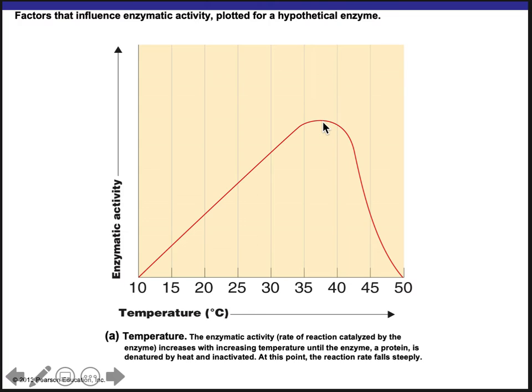But if we were to look at a bacteria that normally lives in the soil, its optimal temperature would be lower, closer to something like room temperature or even cooler, right? Okay, so you always have to think about the situation in which the organism lives or the enzyme functions.